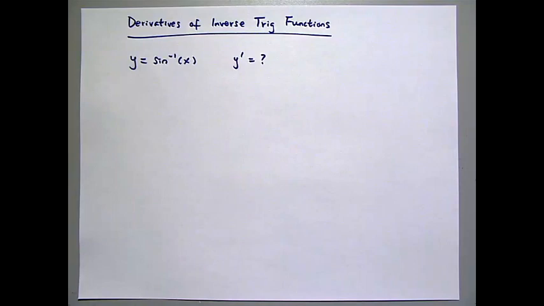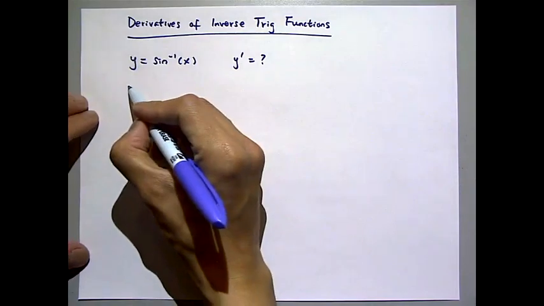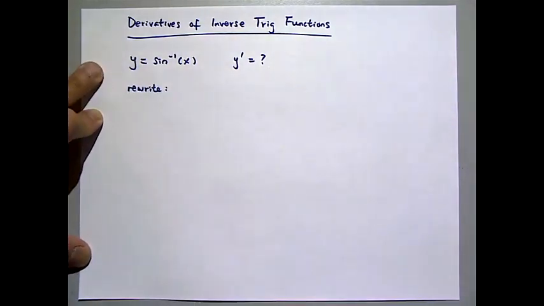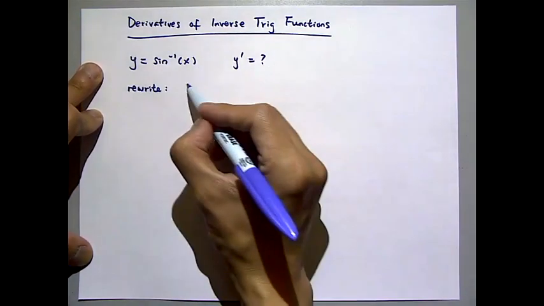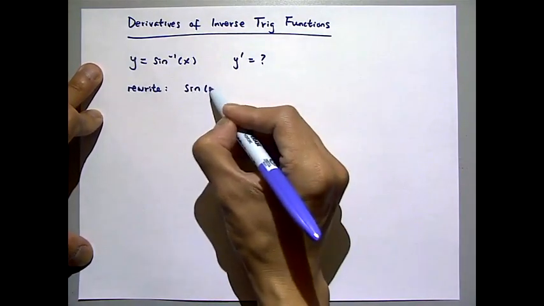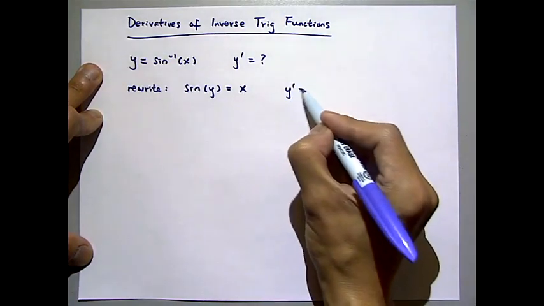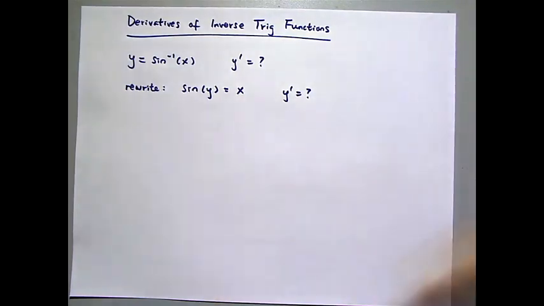If y is the inverse sine of x, what is y prime equal to? And what we can do is actually use implicit differentiation to find out the derivative y prime. Okay, and here's how you can get it. We can rewrite y is equal to inverse sine of x as sine of y equal to x. We're still asking for y prime.